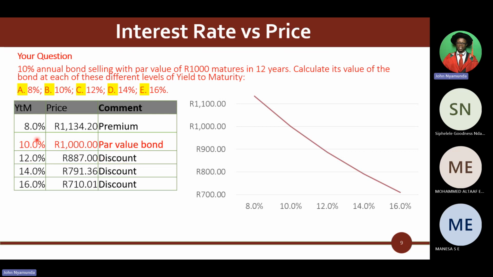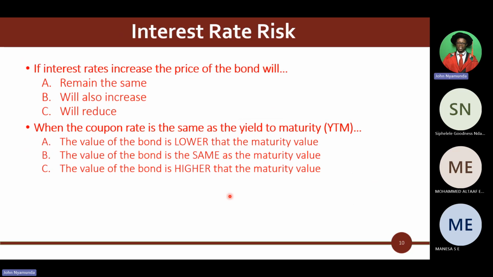So as the yield to maturity increases, you can see the value of the bond reduces. Thus, we have this line to say when yield to maturity is increasing, the intrinsic value of the bond reduces. Therefore, okay, before that. Yes, Spelele?